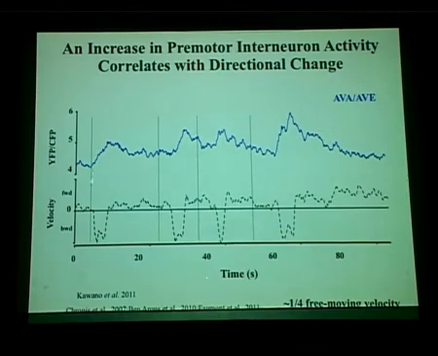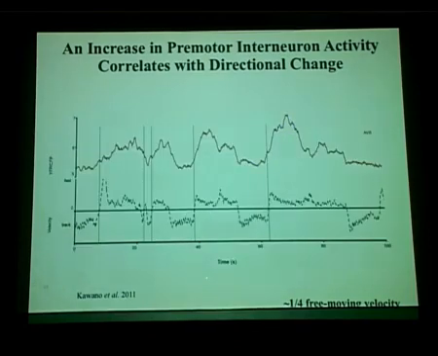You can see the rise of the neuronal activity correlates really nicely with the initiation of the animal's movement from forward to backward. The same observation was made in previous years by Chris Cronin in Corey's group, as well as other groups, and also Sean Lockery's group. But the new thing we identified is when you correspond the activity of the red command interneurons, or premotor interneurons, you see the opposite trend.